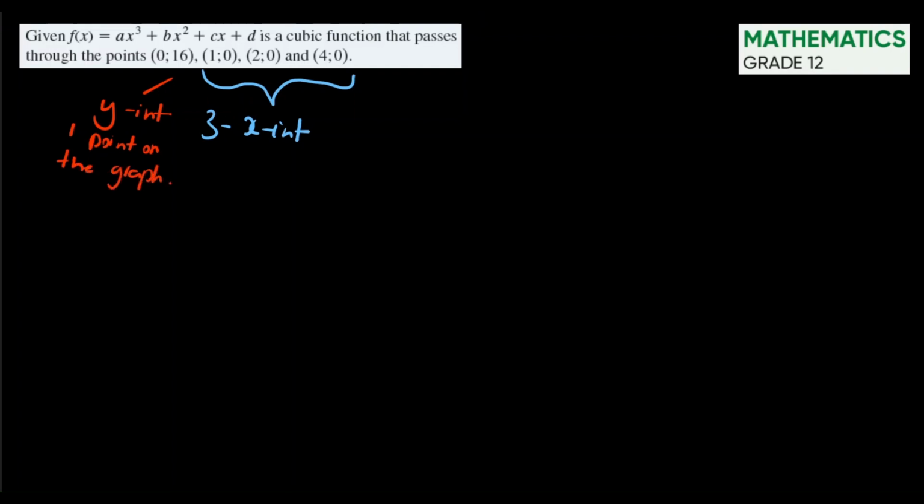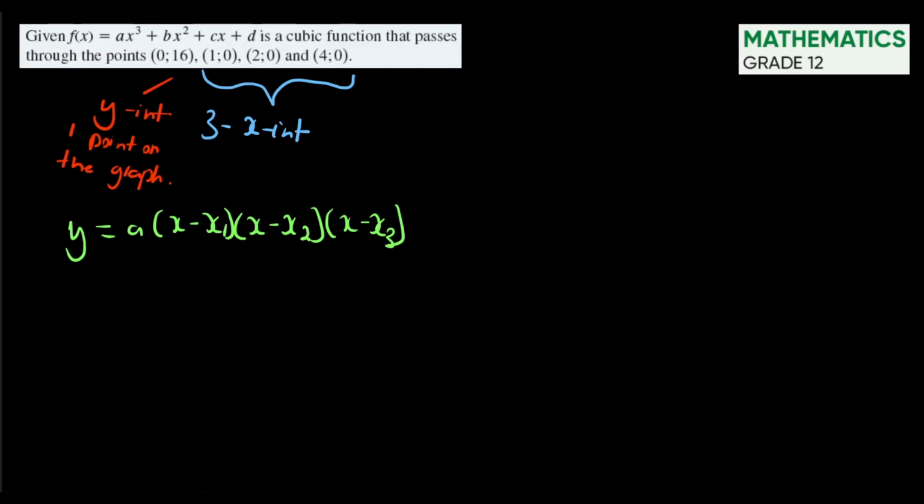When given 3 x-intercepts and 1 point on the graph, it only signals one core formula we can use, which is y is equal to a(x minus x1)(x minus x2)(x minus x3).